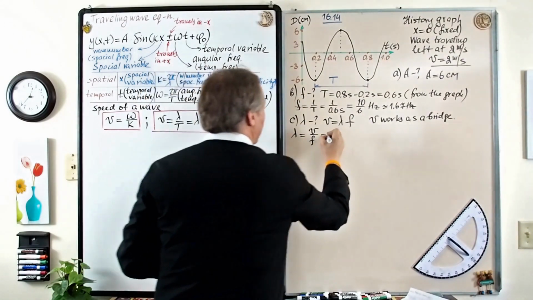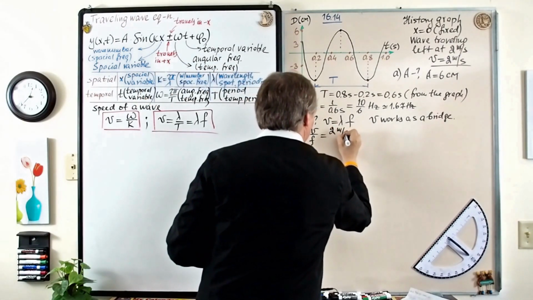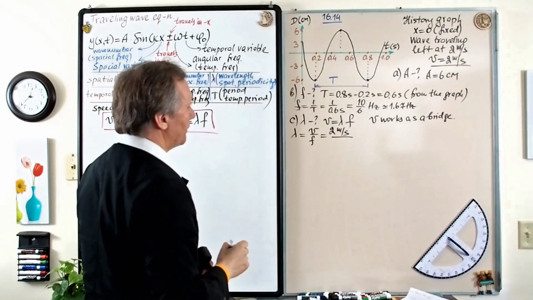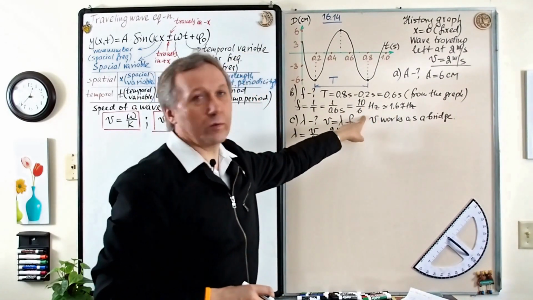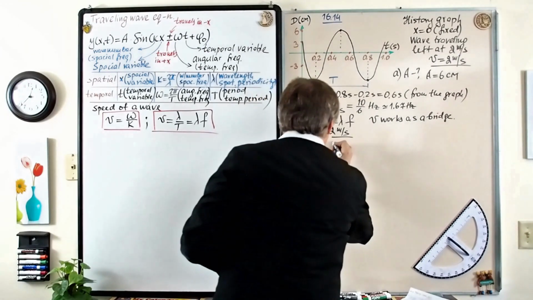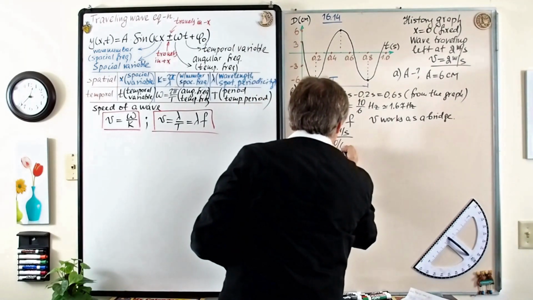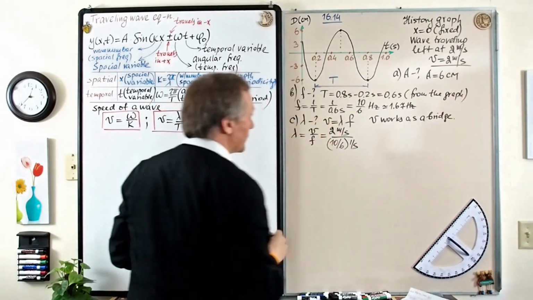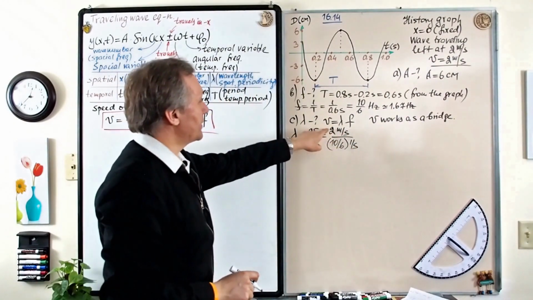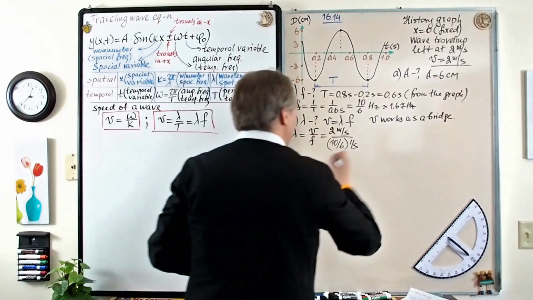So V equals 2 meters per second divided by F. I want to use 10 over 6, in 1 over second. Hertz is 1 over second. 6 goes upstairs, 10 stays in the denominator.